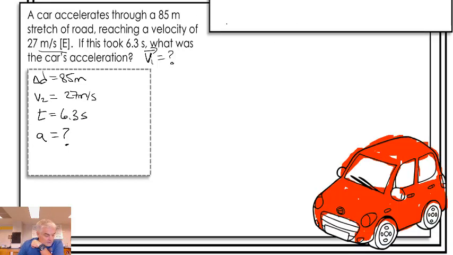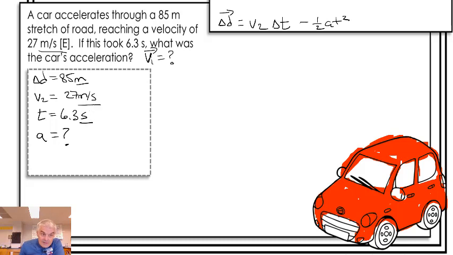We'll write the equation up here. The equation we're going to use is delta D equals V2 delta T minus 1/2 A T squared. Folks, you're going to want to have those equations handy, right? Now, do we have any unit issues? Meters, meters per second, seconds.